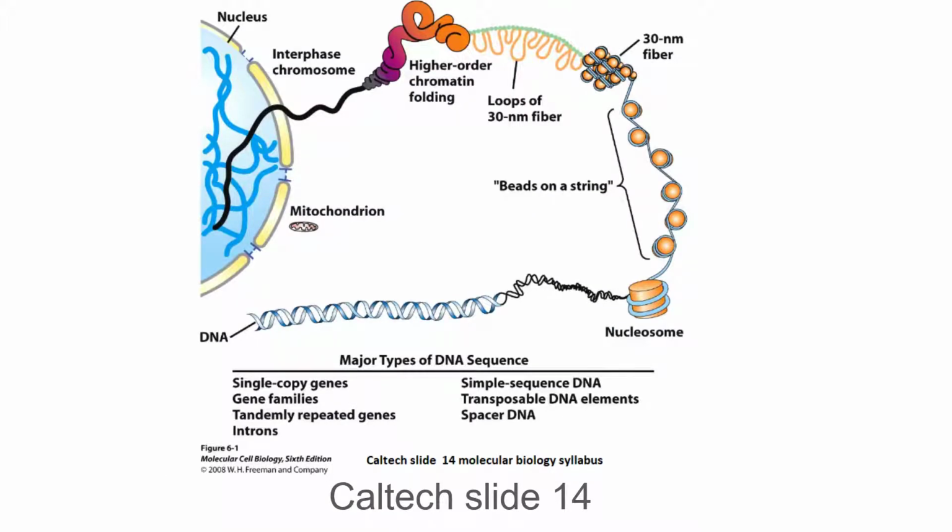So here, all the different types of DNA sequence can be found in chromosomes. You can see them like beads on a string. The higher order chromatin folding is then unpacked whenever they reach their destination, and you have loops of 30 nanometer fiber that are still on those beads of chromatin.